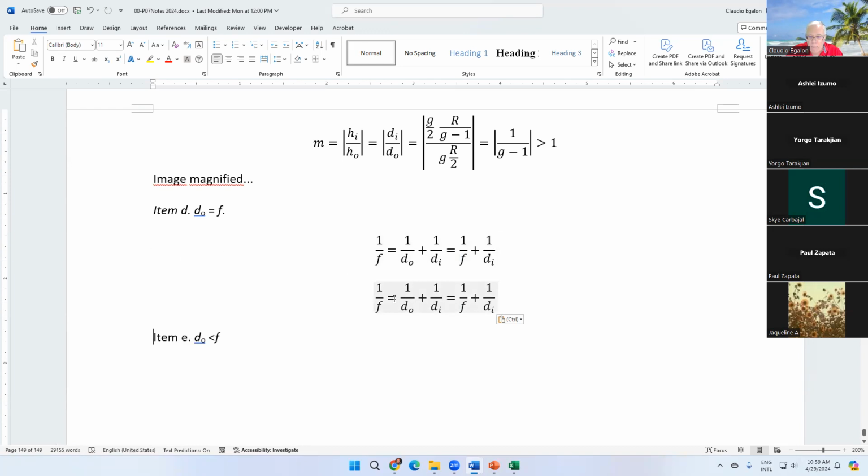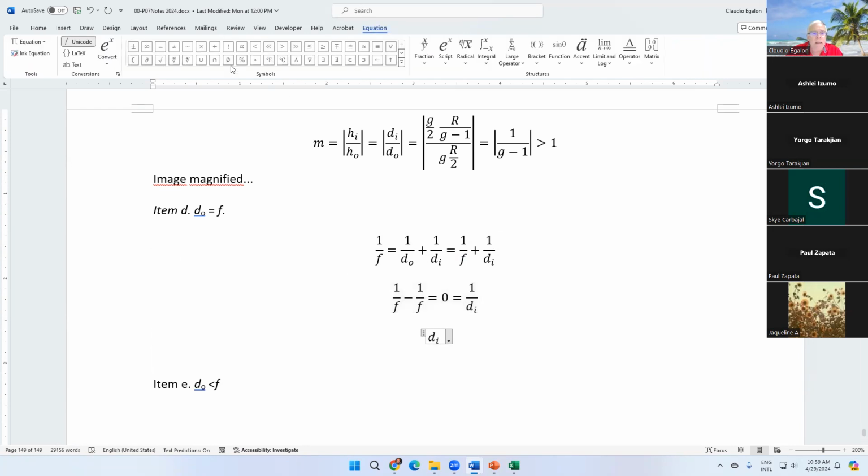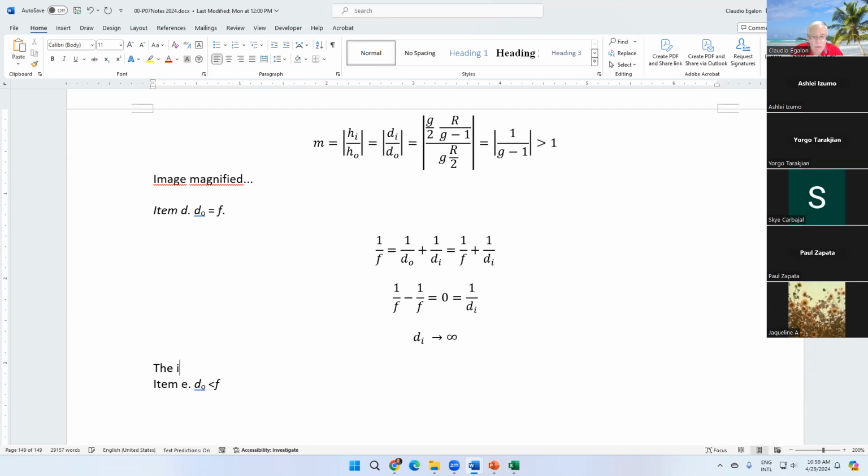We can pass this term to the left side. When 1 over F cancels out, we get 0, right? And what does it mean? It means that di goes to infinity. We call that improper image. Goes to infinity. Infinity right here. The image is called improper.